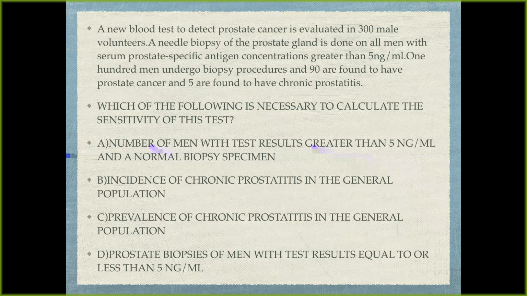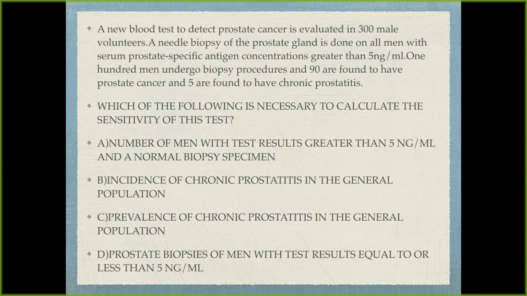So I'll read the question for you. A new blood test to detect prostate cancer is evaluated in 300 male volunteers. A needle biopsy of the prostate gland is done on all men with serum prostate-specific antigen concentrations greater than 5 nanogram per ml. 100 men undergo biopsy procedures, and 90 of them are found to have prostate cancer, and 5 are found to have chronic prostatitis.